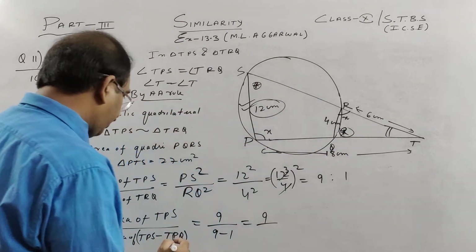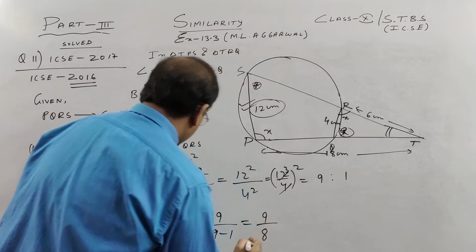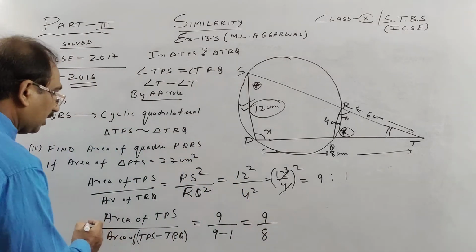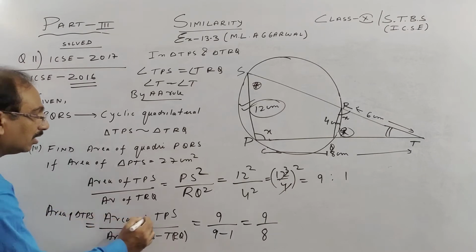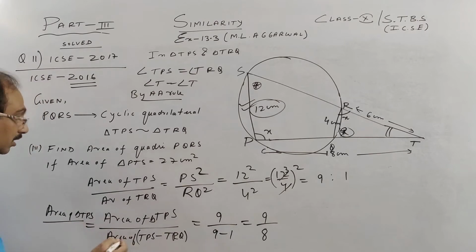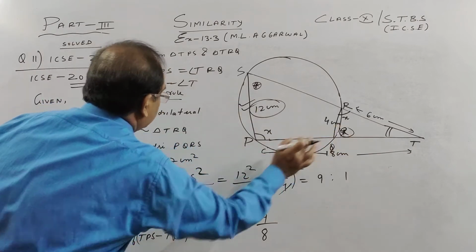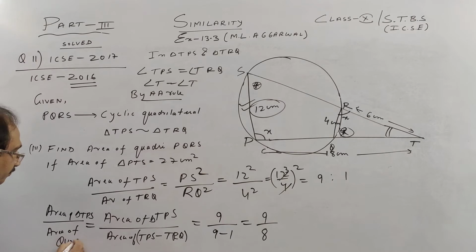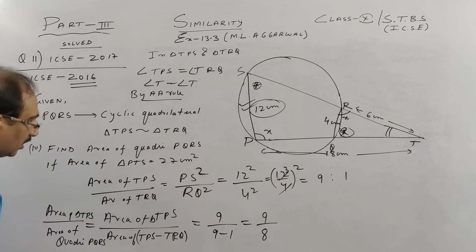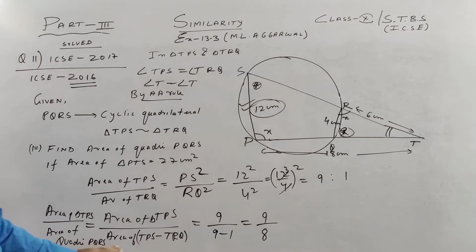So actually what we get over here, children, is 9/8. So this is nothing but the area of triangle TPS, and this is the area of TPS full thing minus this, which is nothing but the area of quadrilateral PQRS.